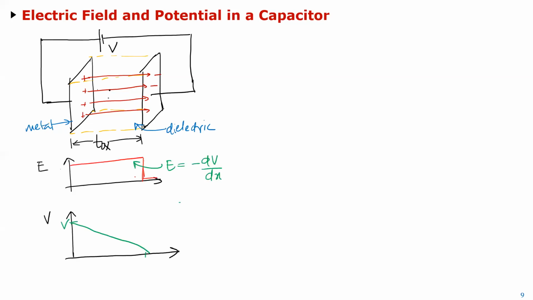Here you can just apply Gauss's law. So, Chirag, answering your question, if I want to find the relation between E and V, because there is no charge inside this, I can just apply Gauss's law to give me this slope between V and E.